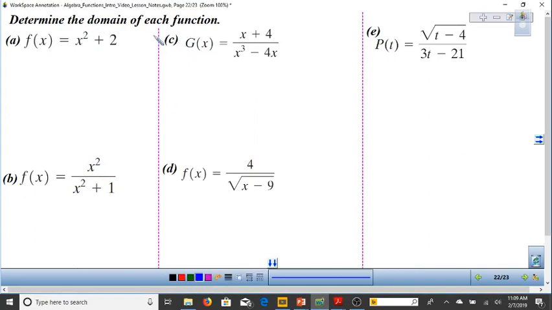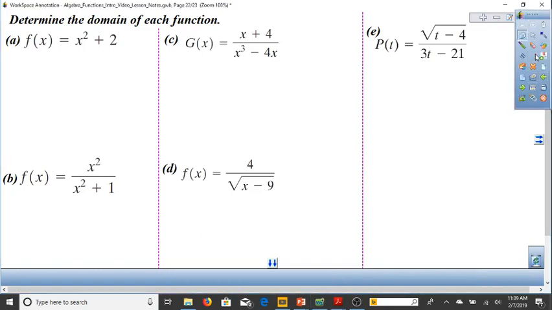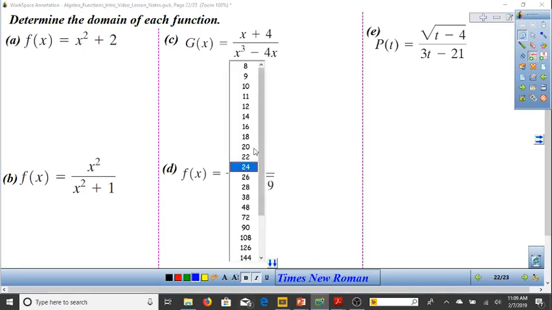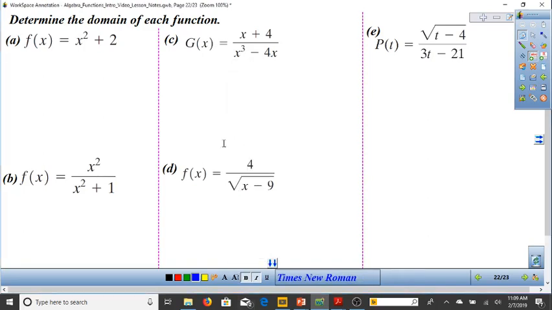Now let's do this question here. It says find the domain of this function. Now again, to find the domain, we have to look for domain restrictions. If there are no domain restrictions, then we indicate that the domain is all real numbers. And if there are domain restrictions, we make adjustments accordingly.